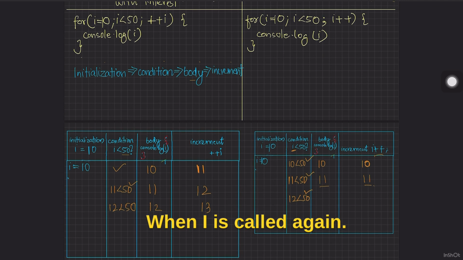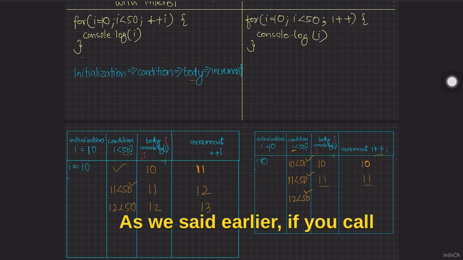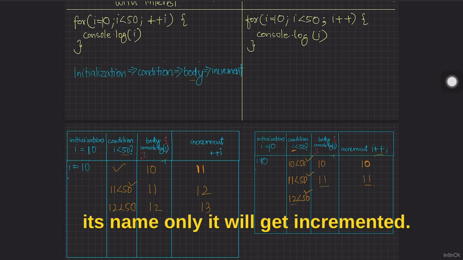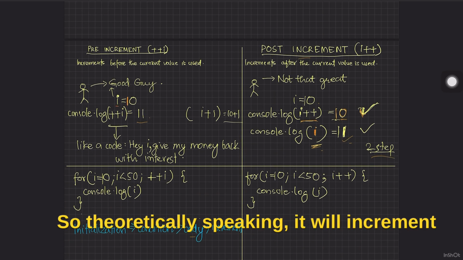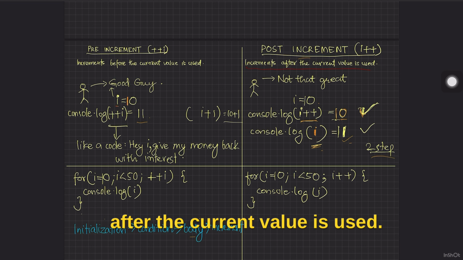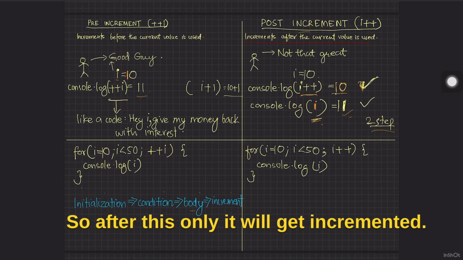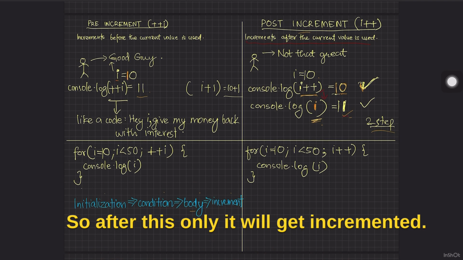When i is called again, as we said earlier, if we call his name only, it will get incremented. Then 12, 12, 13. This is the difference. Theoretically speaking, it will increment after the current value is used. So after this only it will get incremented.